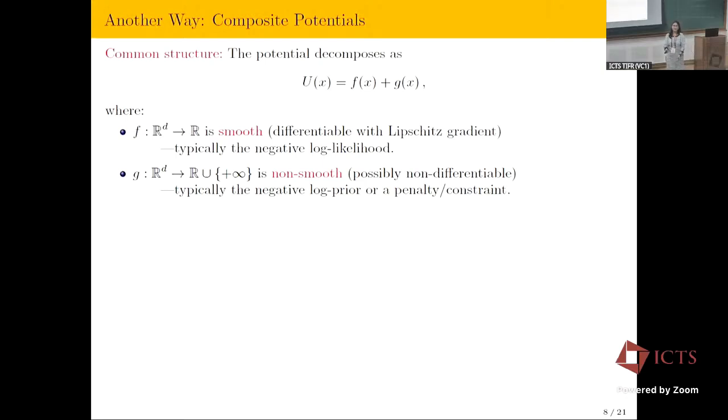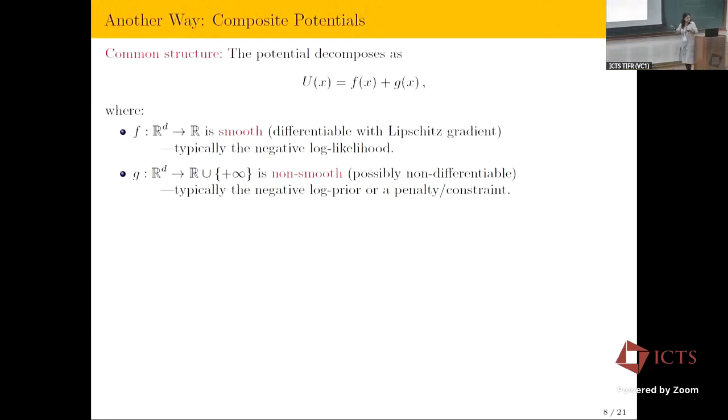This happens quite naturally in our Bayesian models because f will correspond to the negative log likelihood, for example, and g will correspond to the negative log prior. You have a prior that's typically going to have the non-differentiable components, and that gets encoded in g, and the likelihood is typically smooth, and that gets encoded in f. It's not necessary, we can swap that as well, but it's typically what happens.